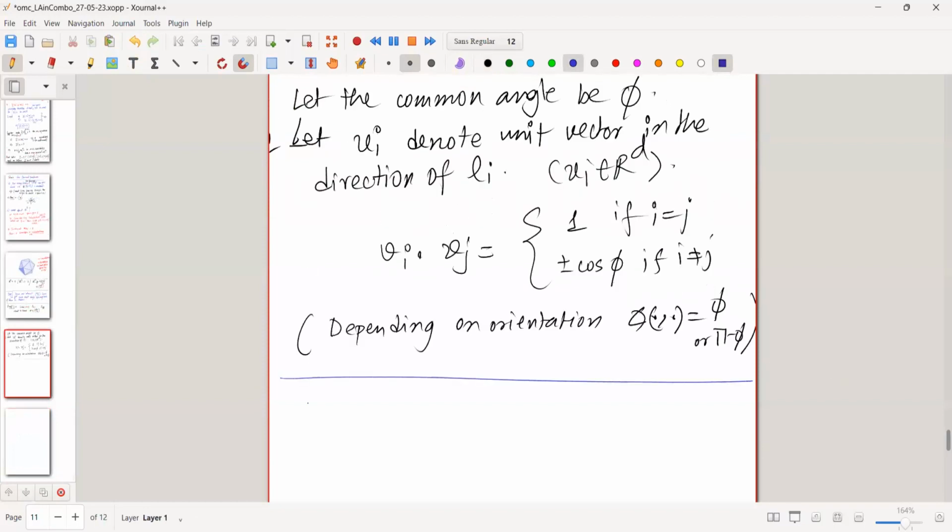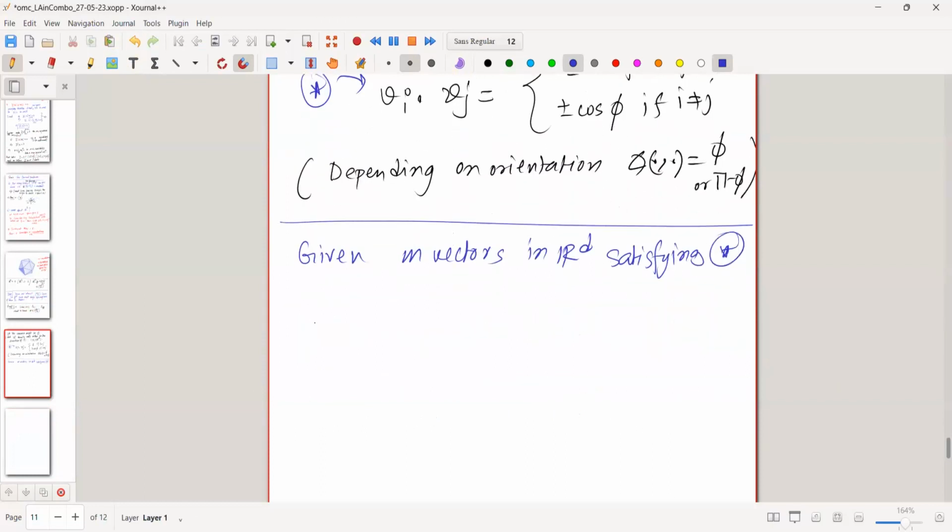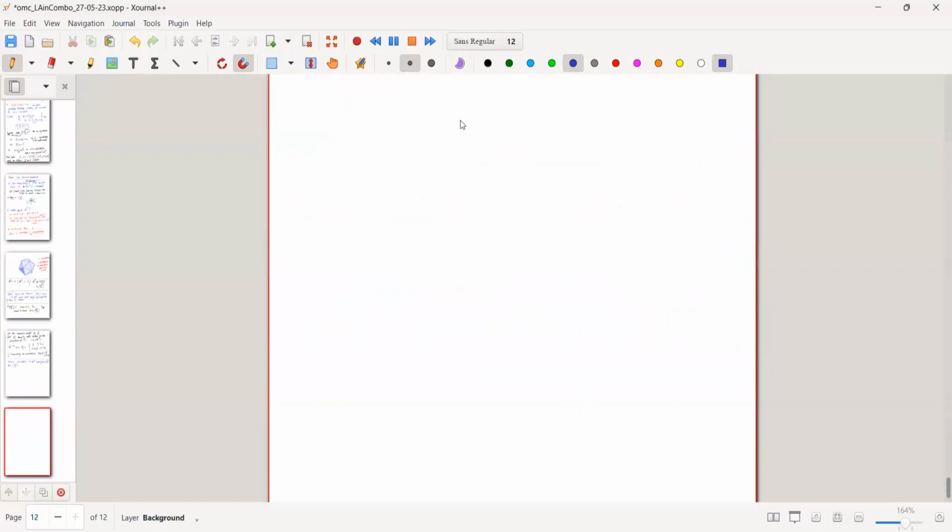So how do you go about this? You are given m vectors in R^d such that this condition is satisfied, call it star, and you want to show m is at most d plus 1 choose 2.